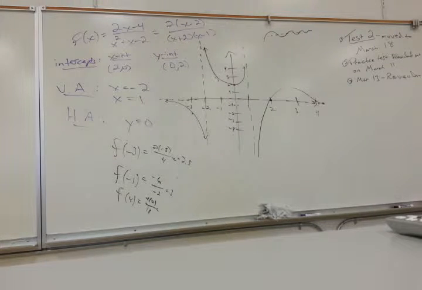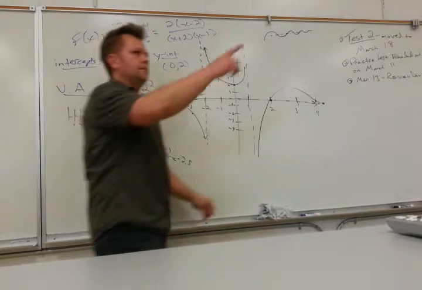Oh, past the 2? It has no other intercept. 2 is the only place that it can go from down below. So it can never go down.